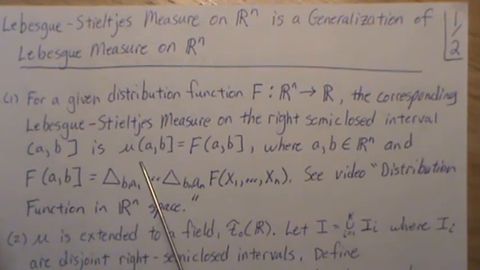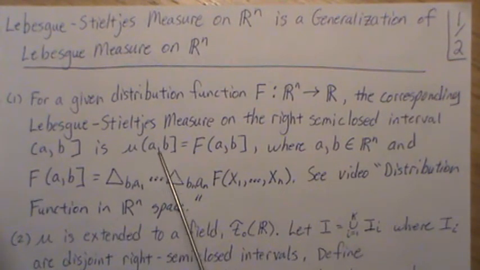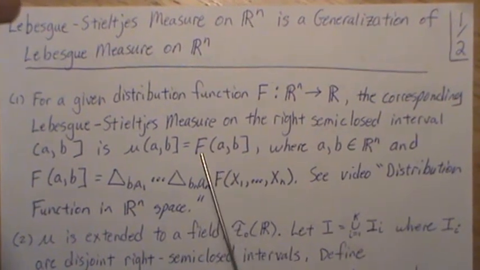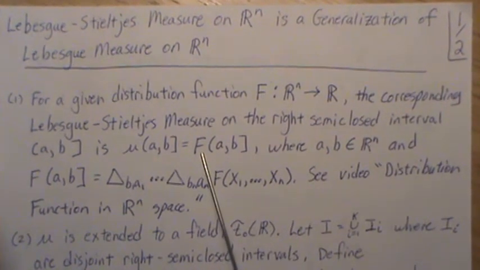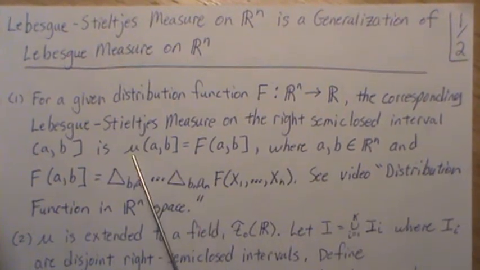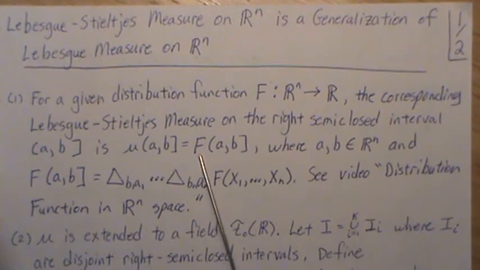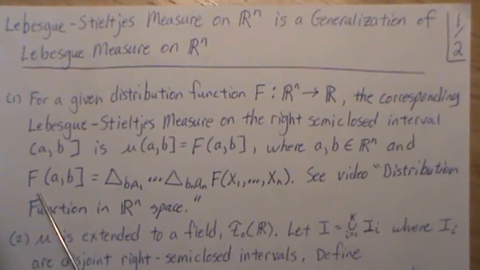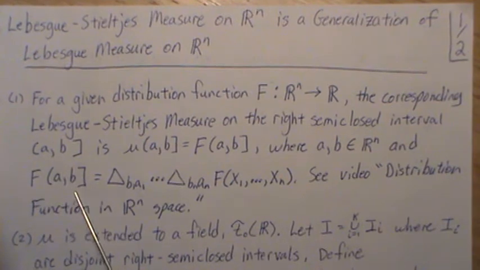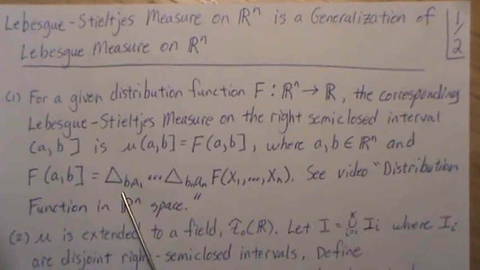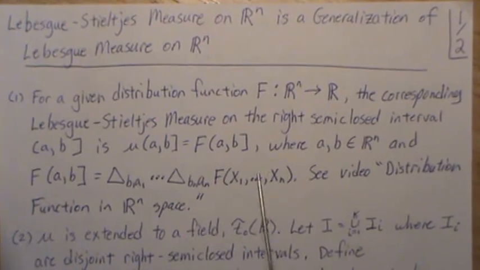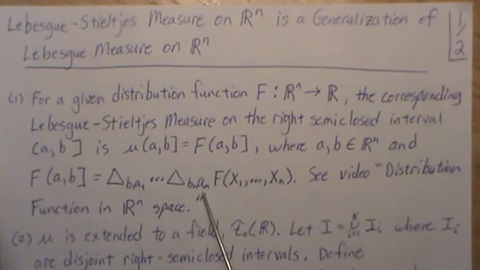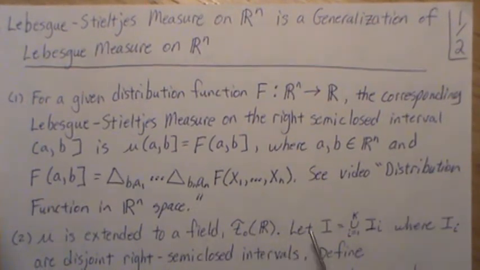So the Lebesgue-Stieltjes measure from the right semi-closed interval a to b, we just generically call f of ab, because there's a distribution function that is a one-to-one correspondence with the Lebesgue-Stieltjes measure. a and b are vectors in n-space, and f of ab, this right semi-closed interval, it's the difference operator of this distribution function, and so we take the difference in each component, and this is how we're going to define the Lebesgue-Stieltjes measure.